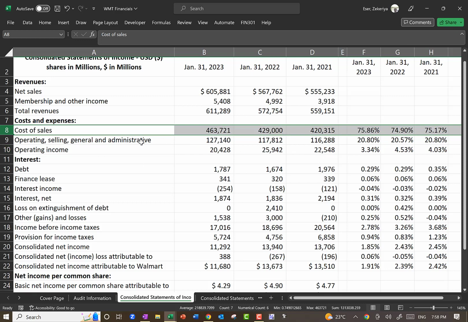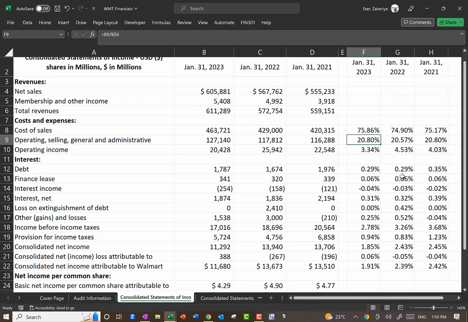And it's not here, but we could have entered an item. That means for every $100 of sales they make, they get to keep $25 before they spend money on anything else. They spent about $21 on other operating costs. So you can think of that as their overhead. So their overhead is about 21% of their sales.